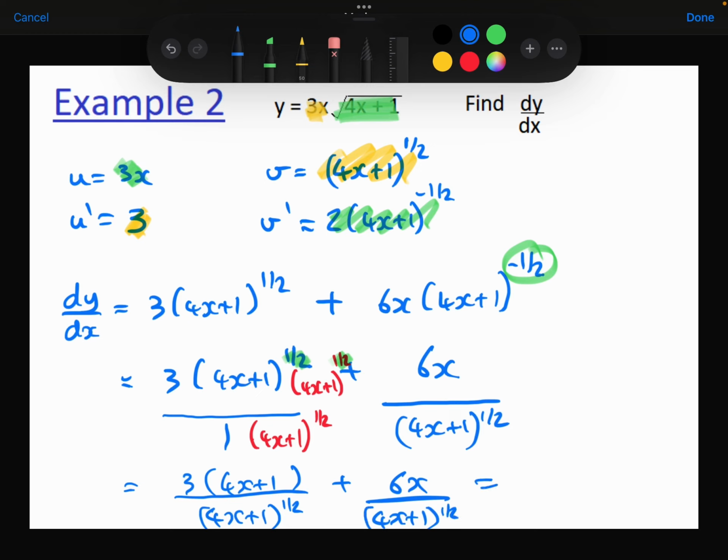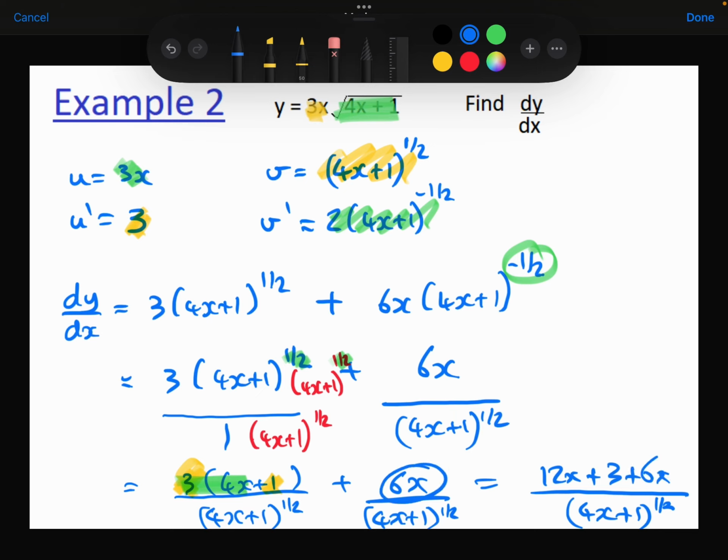And now I've got my common denominator, so I can actually add those 2 fractions together as a single fraction. Here I've got 12x, the 3 times the 4, plus the 3 times the 1, so that's plus 3, plus the 6x here.